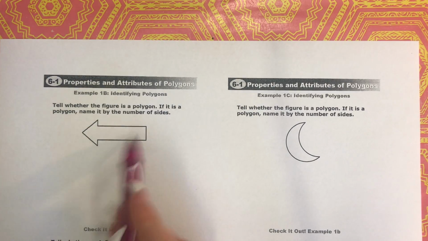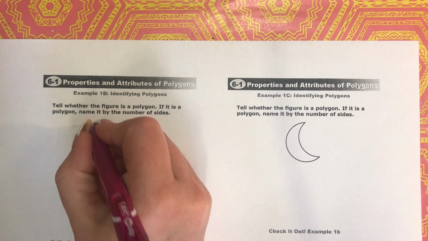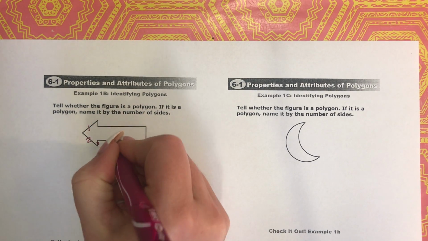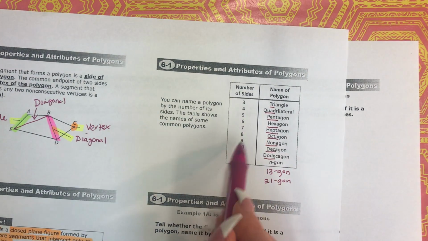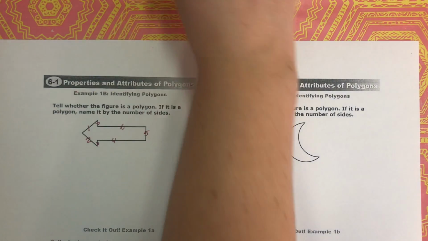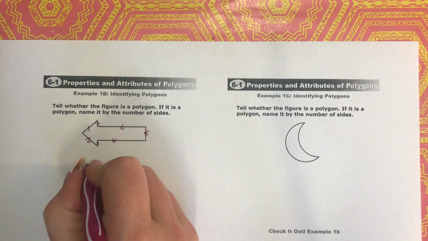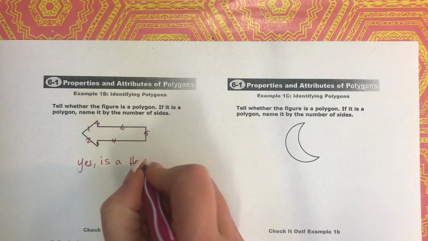Since it's closed, we want to figure out how many sides it has. 1, 2, 3, 4, 5, 6, 7. A 7-sided figure is called a heptagon. So yes, this is a heptagon.